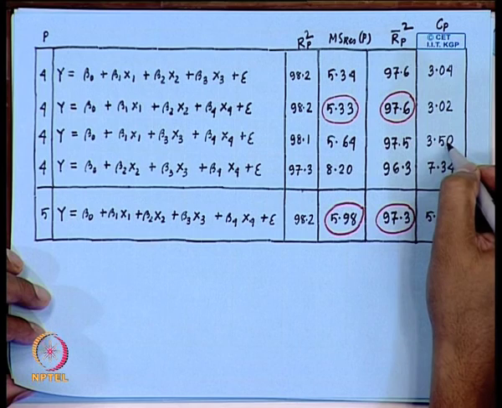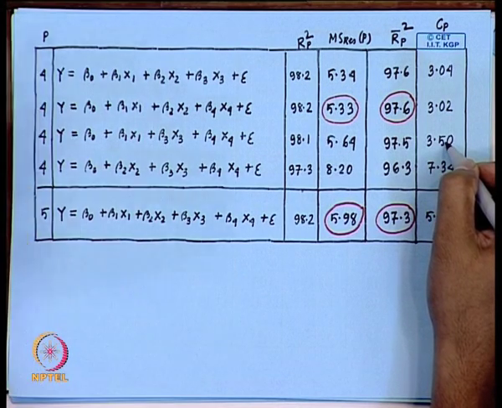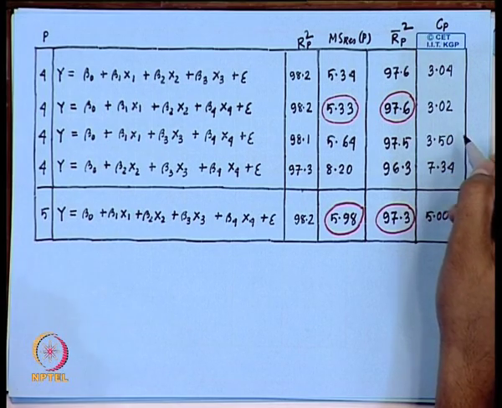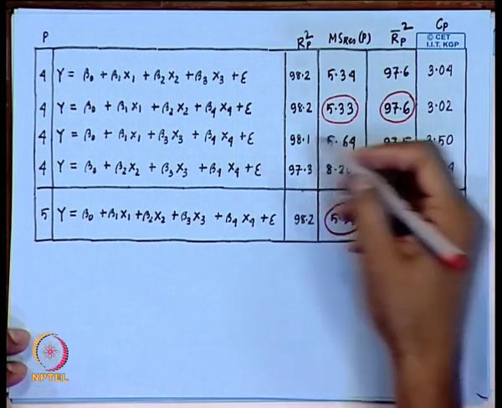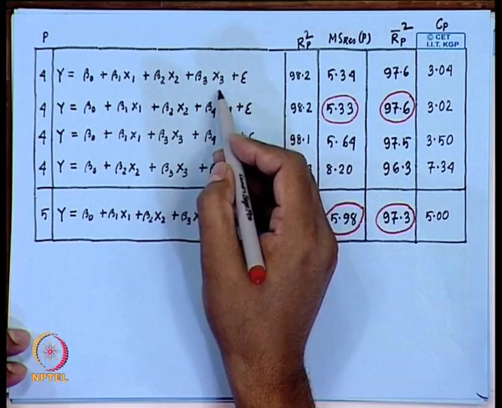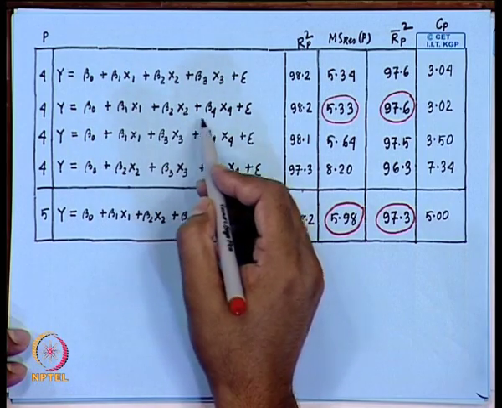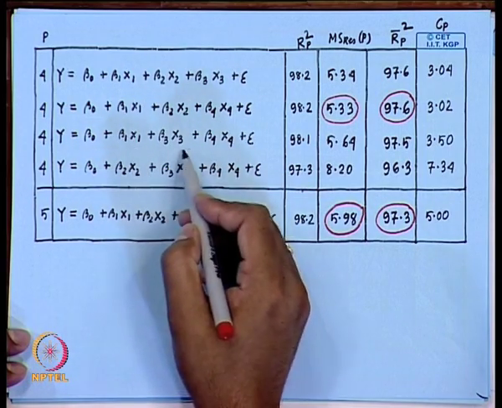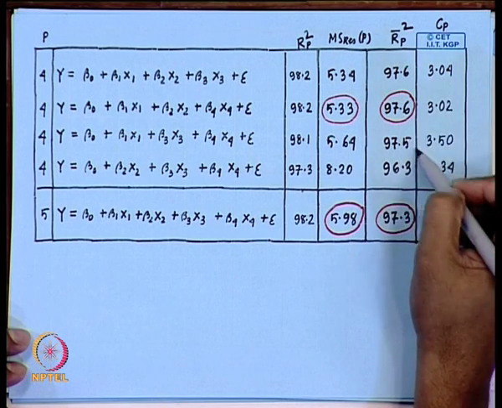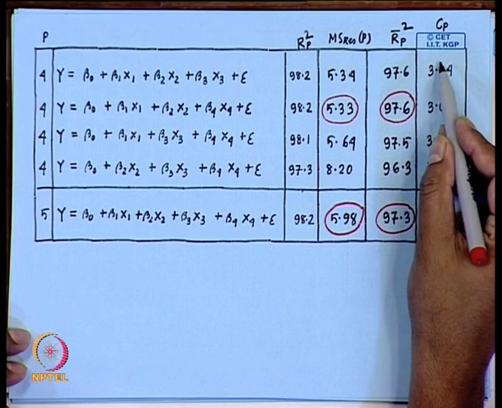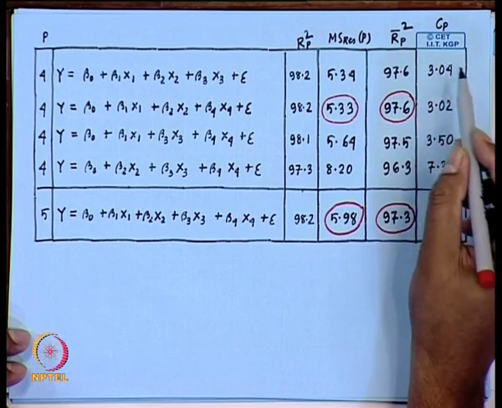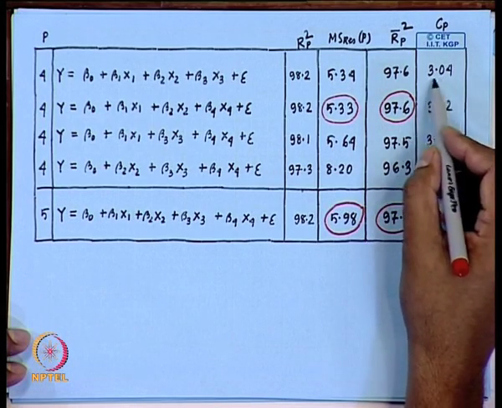Here you can see that these three models involving x1, x2, x3, x1, x2, x4 and x1, x3, x4 are acceptable under the Cp criteria, because these values are small.